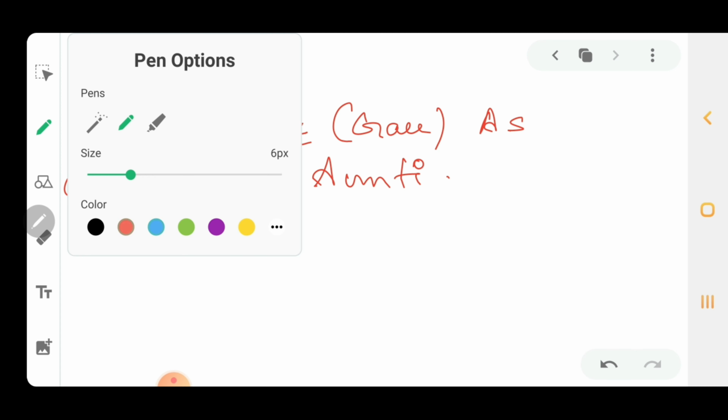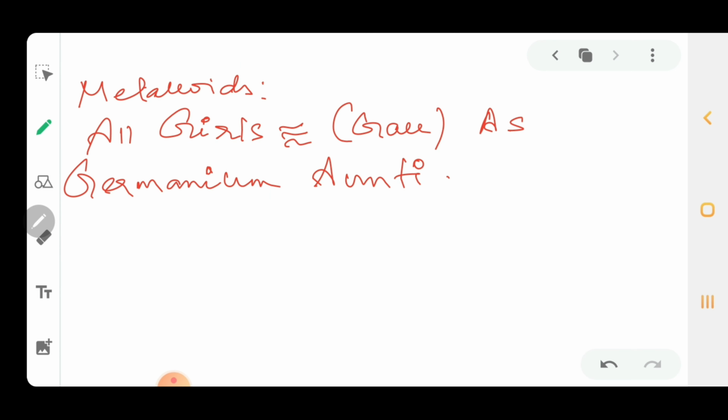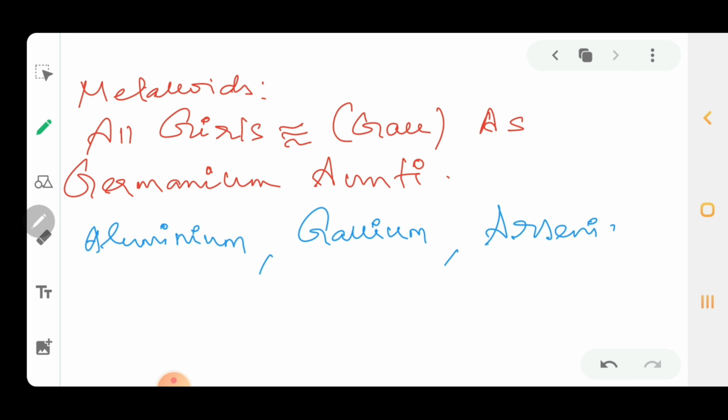If you decode this, you will get Al, that is nothing but aluminium, then Gal is nothing but gallium, then As is nothing but arsenic, and germanium, and Anti is nothing but antimony. And this is a simple trick to remember your metalloids.